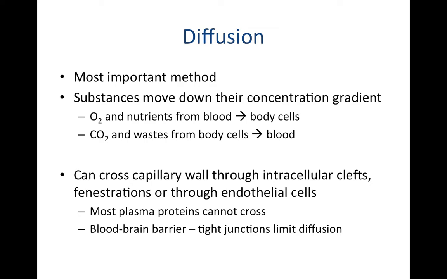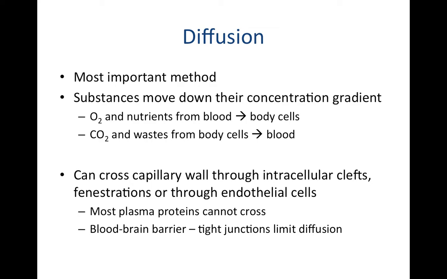So if we are looking at your systemic circuit, for example, so all of your blood except for the lungs, you have a higher concentration of oxygen and nutrients such as glucose inside your blood and a lower concentration in the interstitial fluid which surrounds your cells, because your cells are constantly using that, right? So oxygen will move down its concentration gradient, move out of the capillary and into the interstitial fluid surrounding your cells. So now your cells have access to this new oxygen that's been delivered.